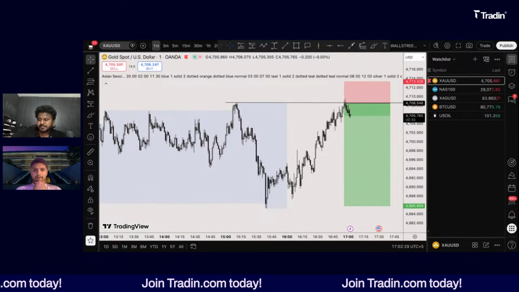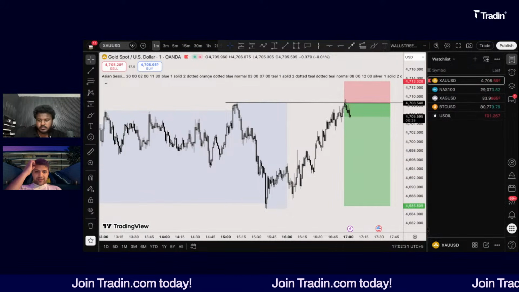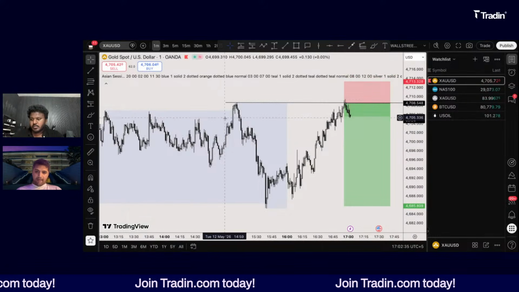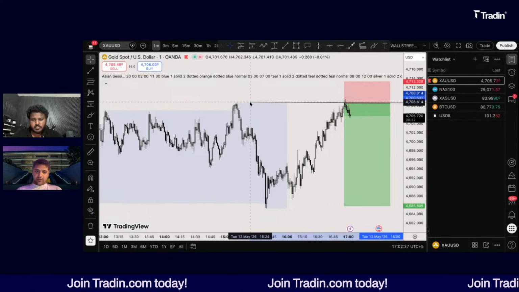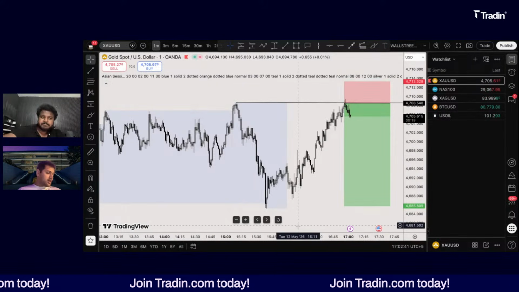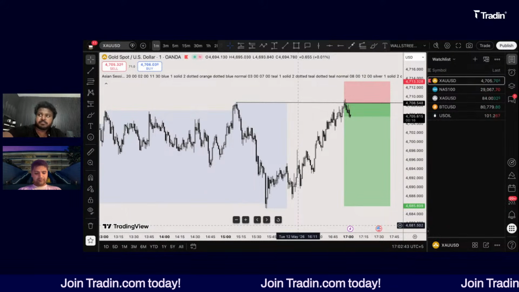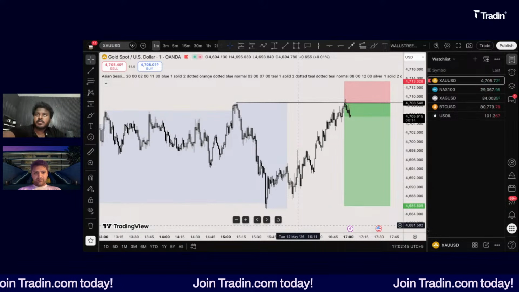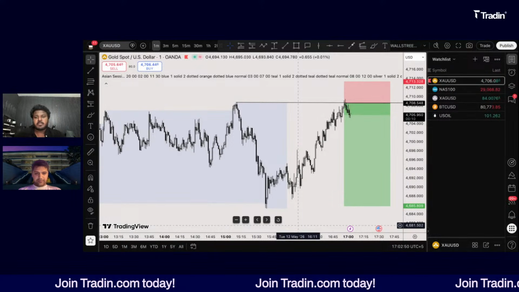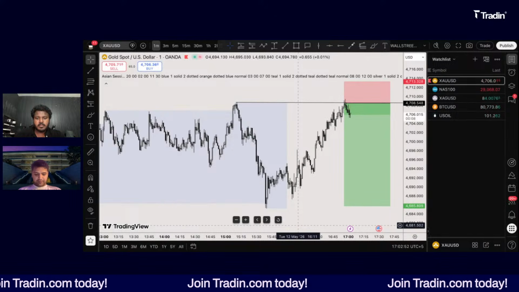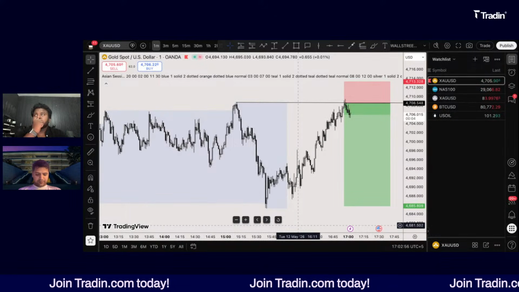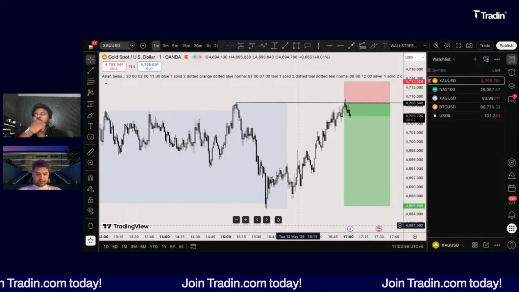I can see the screen. Okay, so basically, I'm in this gold sell from this top, which was London highs liquidity. Let's see how it goes.